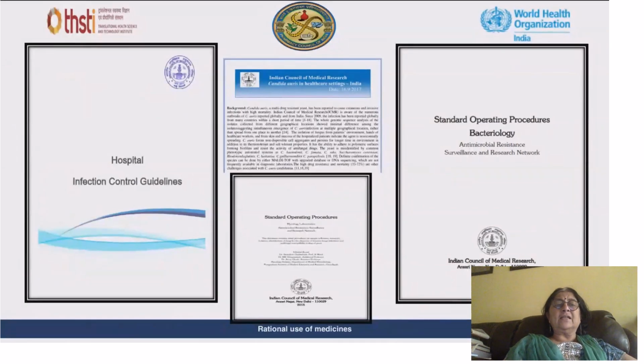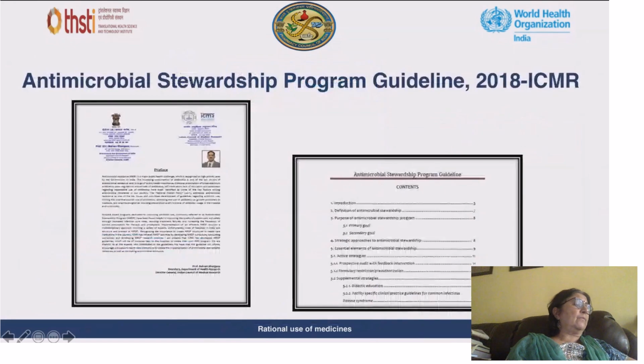So all this is documented. The more important thing is hospital infection control guidelines. And of course, having a stewardship program in which ICMR has taken a very big activity and done a lot towards.